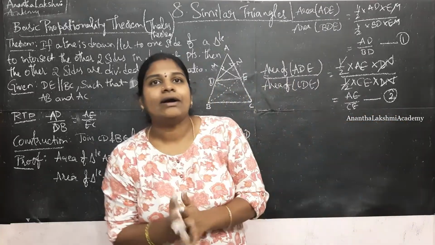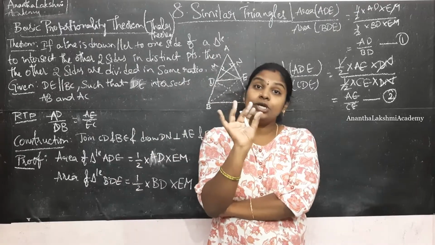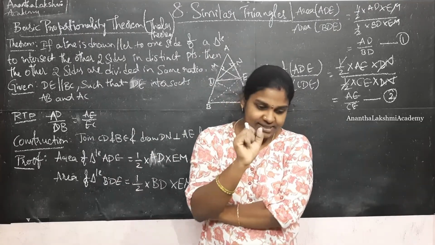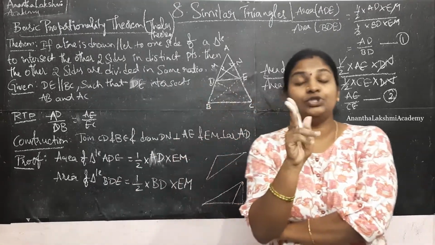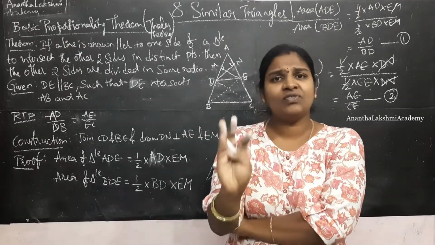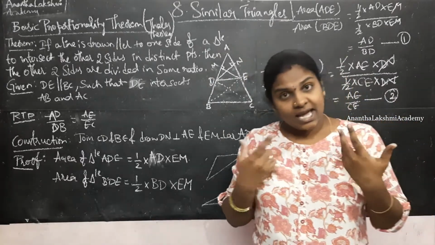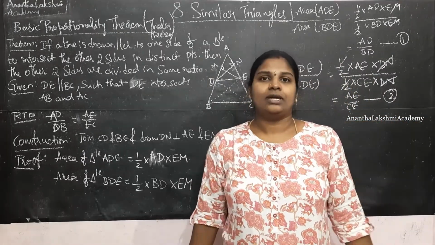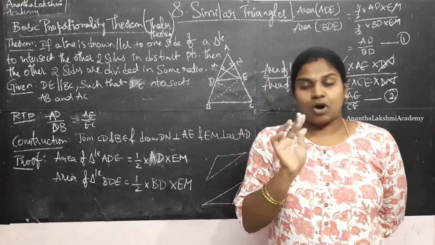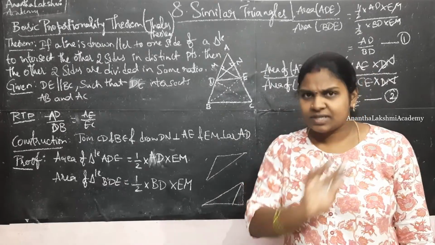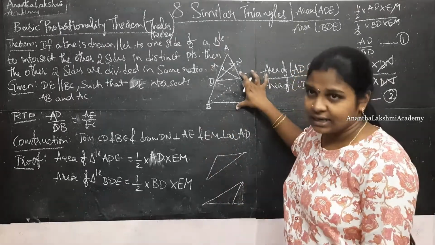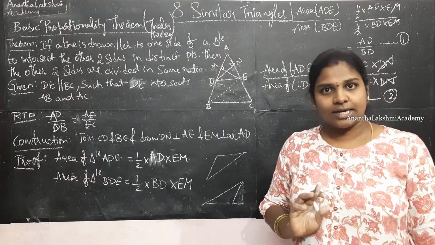Now we need to know one crucial concept, which is when you draw two triangles or any number of triangles in between two parallel lines, their areas are equal. When you draw two or more triangles, how many ever triangles you want between two parallel lines, their areas are equal.